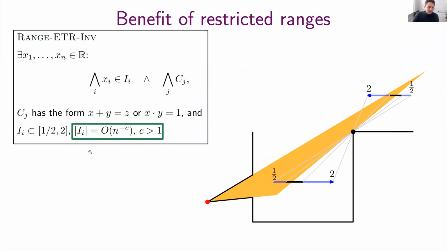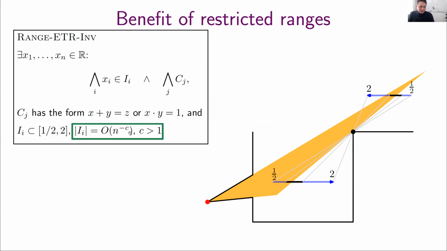And as you recall, we had the requirement that each interval is very small. It's n to the minus c for some constant that we can choose. And that corresponds to that we don't need the flexibility to represent all values on our variable segment. We have some small sub-interval on it that we should be able to represent.